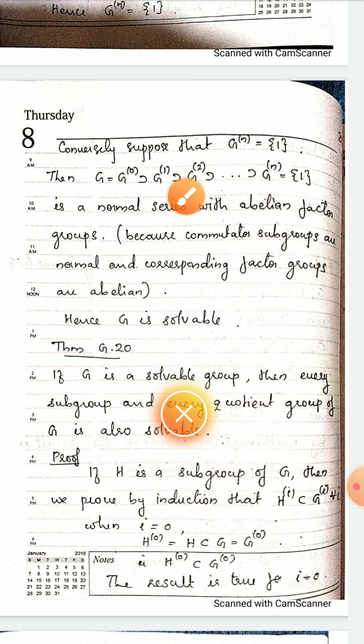So all these factor groups are abelian. So this is a normal series with abelian factor groups. This is the definition of solvability, hence G is solvable.